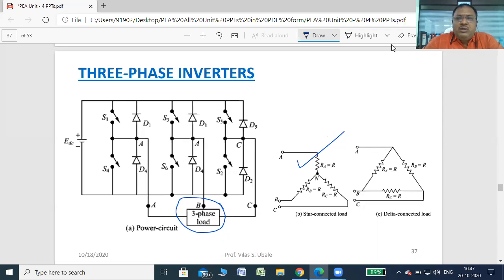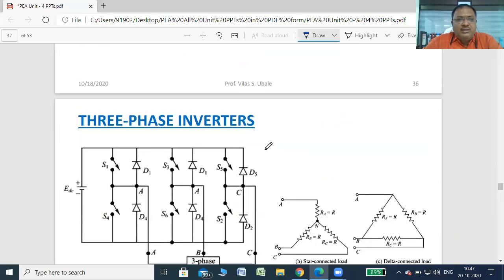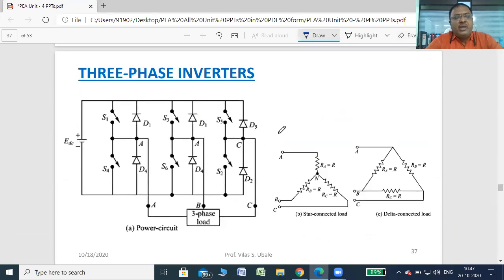Okay. Now diodes which are connected in the circuit are not required even. So in this three-phase inverter circuit, these diodes D1, D2, D3, D4, D5, and D6 are not required for resistive load. Okay, but they are connected because the same circuit you can use for inductive load, so these diodes are kept as they are.